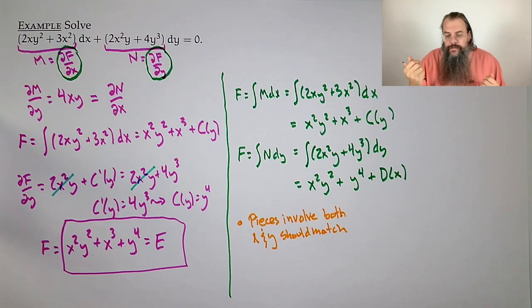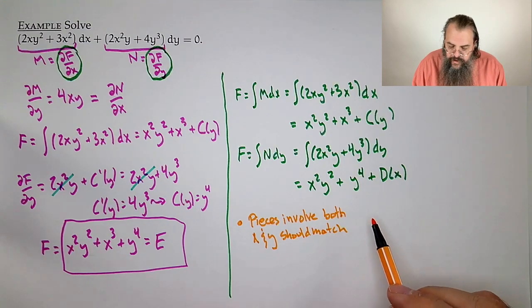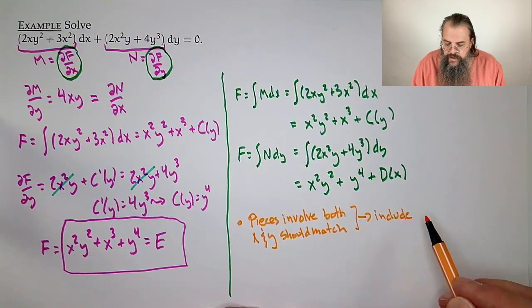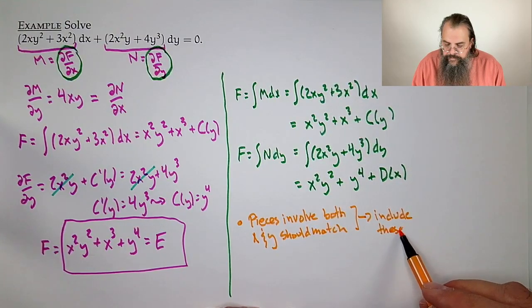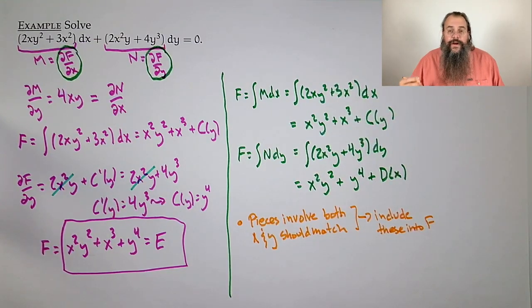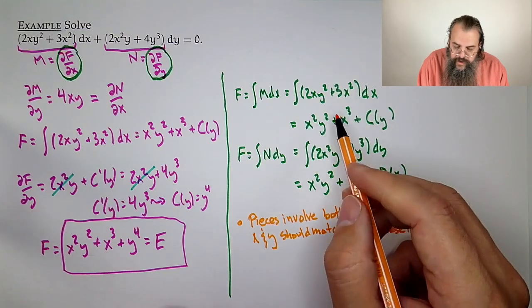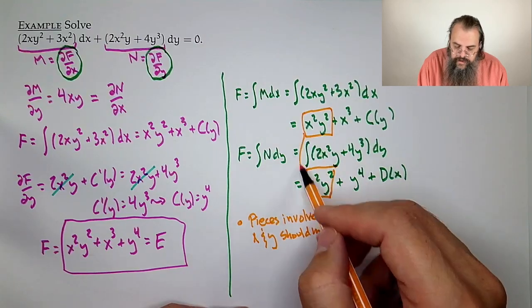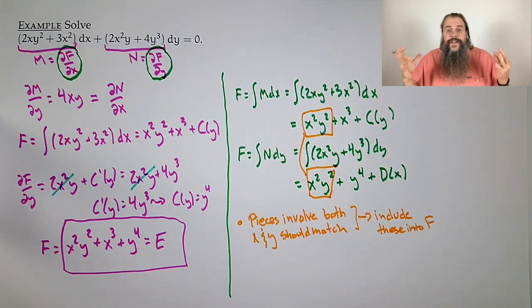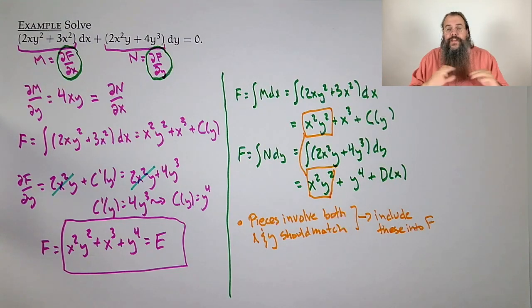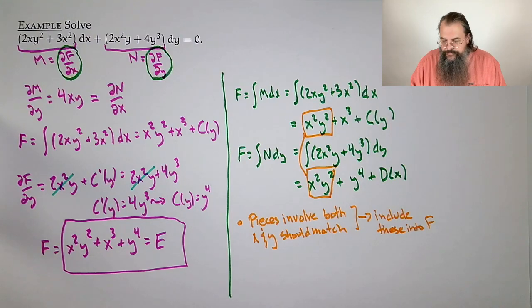And so that's what you do. And so we include these into f. But we only include one representative, right? So notice here you have an x squared y squared and an x squared y squared. These match, and since they're the only pieces that involve both an x and y, since they both are the same, we have something which is exact. If they didn't match, it wouldn't be exact.